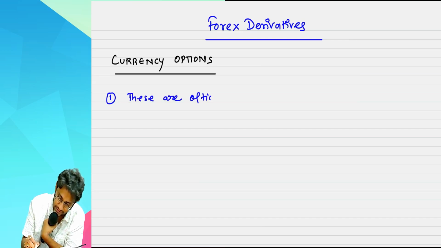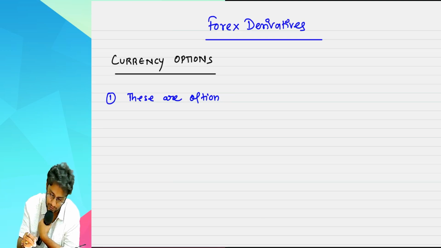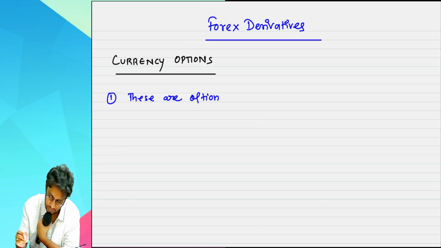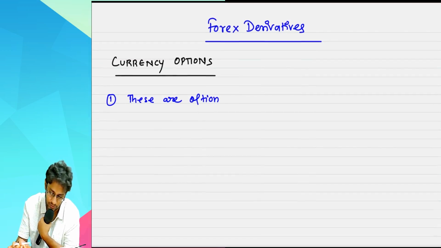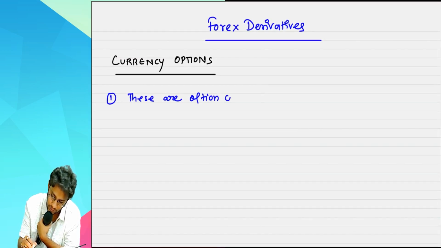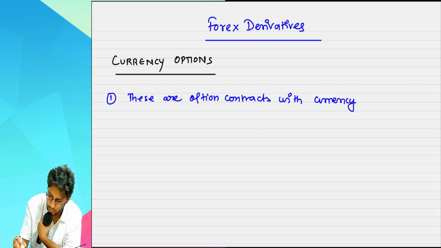I could have printed this. In fact, I have this printed also, but I did not include this in the book yet, because this is something which you have to understand whole and soul. These are option contracts with currency as underlying asset.